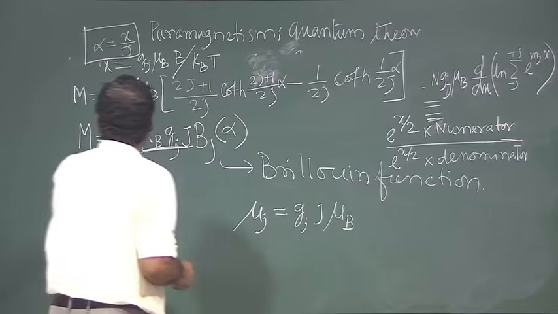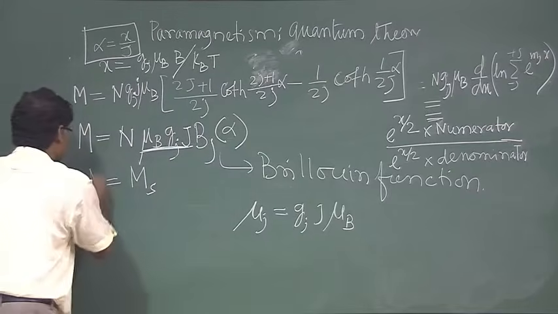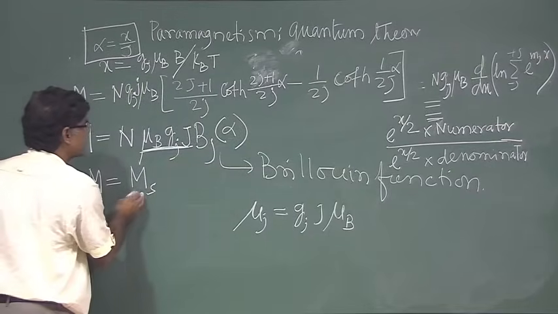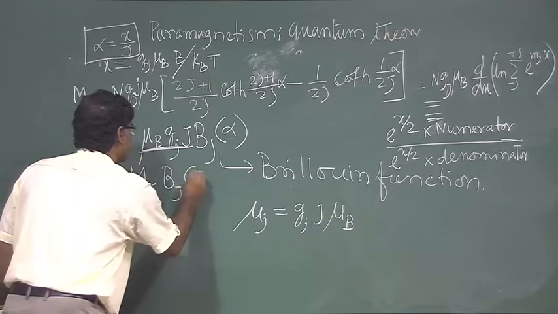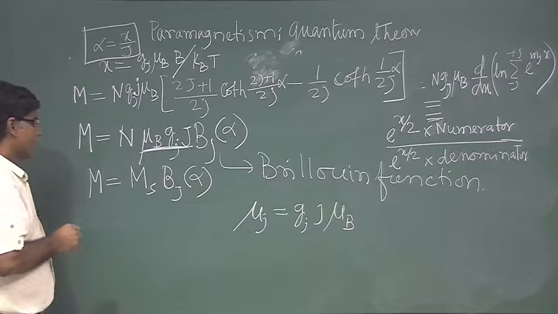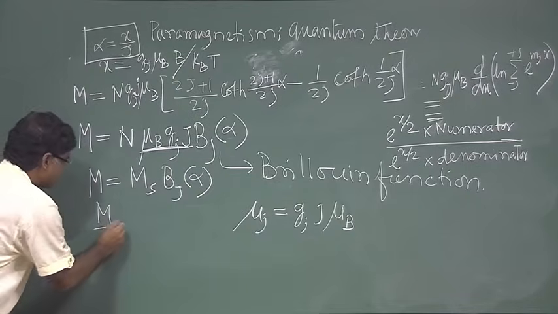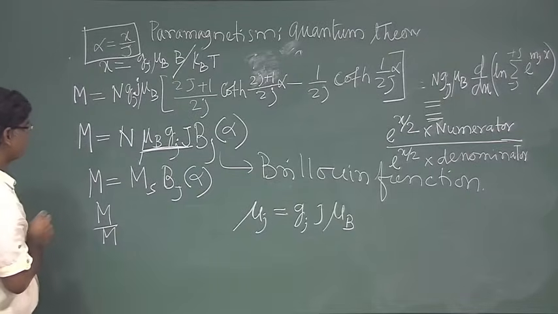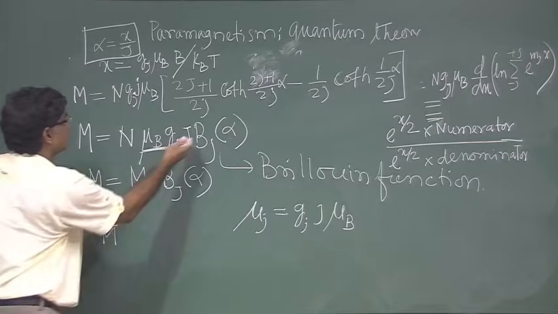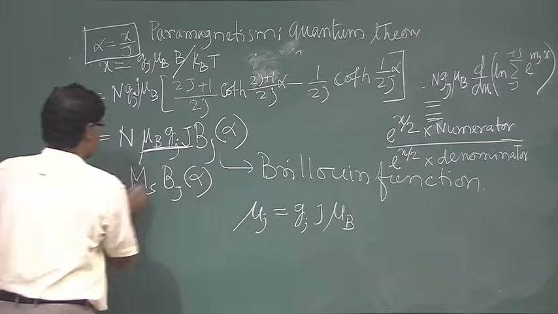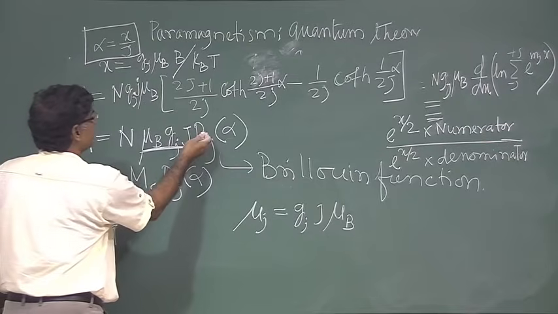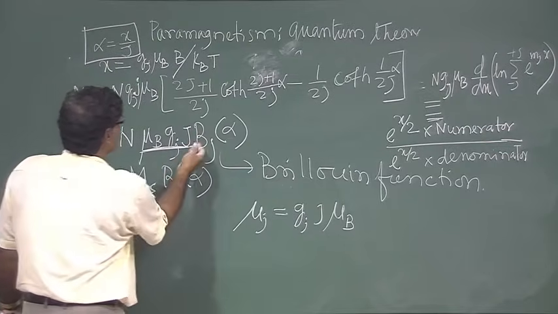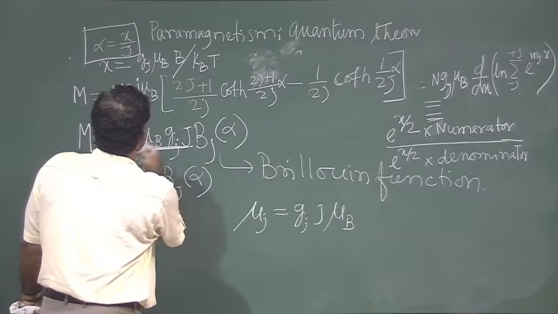So I can write this: m equal to ms times the Brillouin function of alpha. So this m by ms. Here your b will be there, this b magnetic field, sorry, n mu b j.